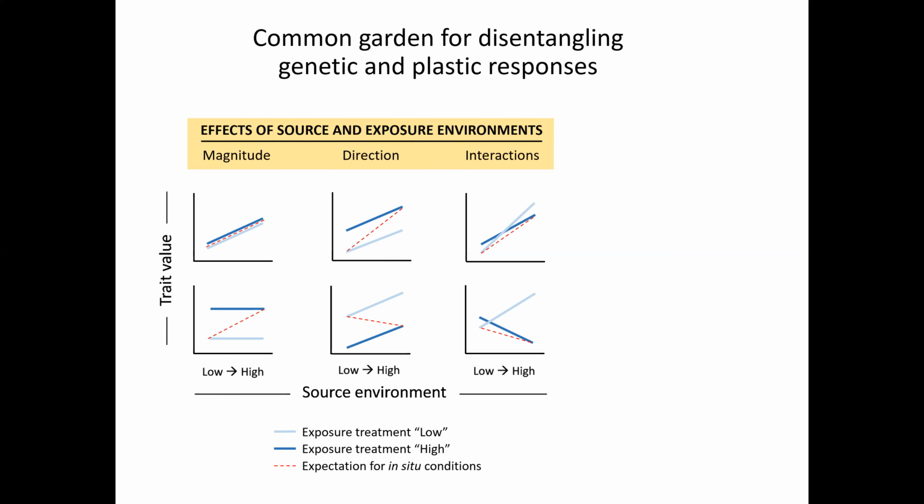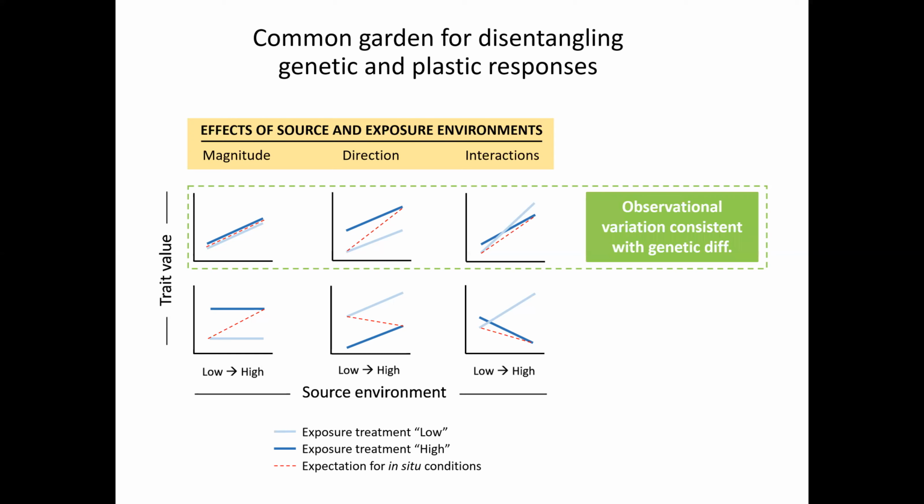With stronger source than exposure effects, with a coincidence in the direction of source and exposure effects, for example, here trait values increase from low to high source precipitation, and also increase from low to high exposure water availability.